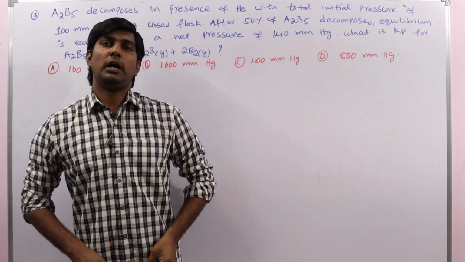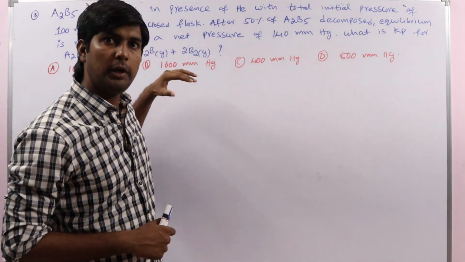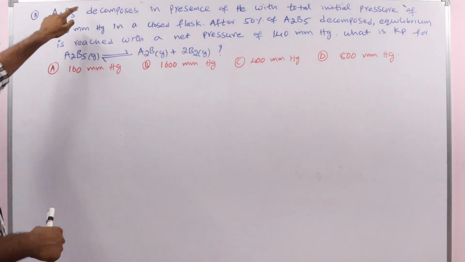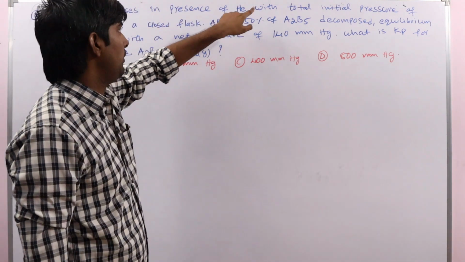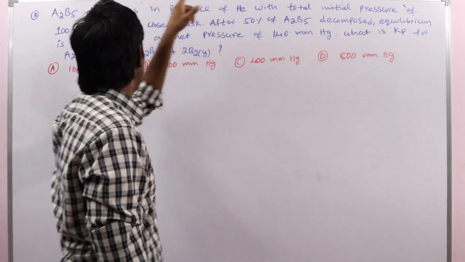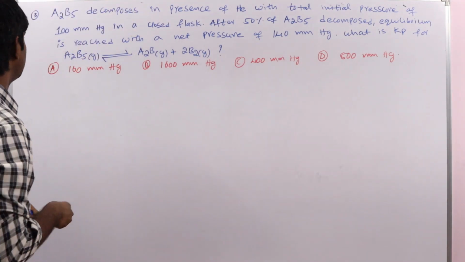Now let us see another very important model here. It is a special one. Very important. A2B5 decomposes in the presence of helium with a total initial pressure of 100 mm Hg in a closed flask.